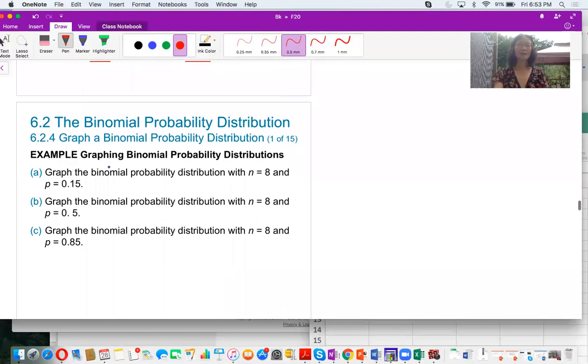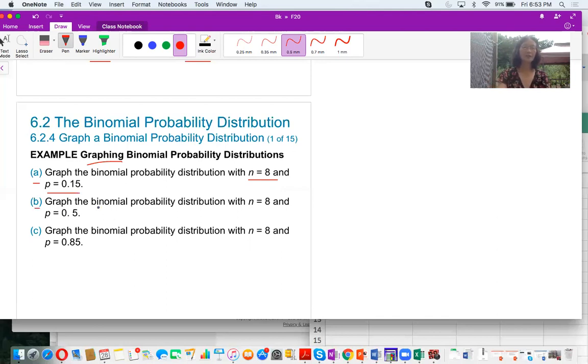Next is about the graph. How do you graph binomial probability distributions? Question A, graph the binomial probability distribution with n equal to 8 and p equal to 0.15.